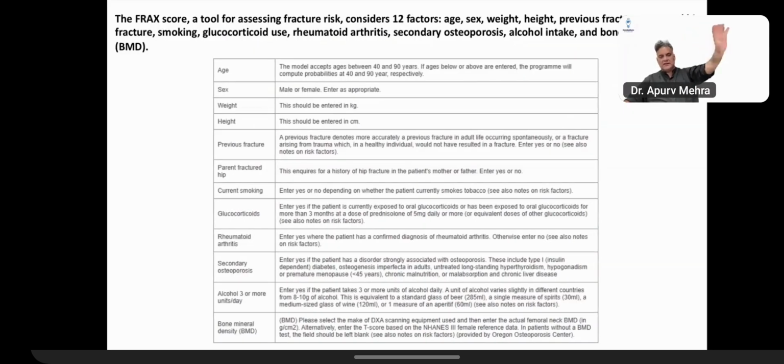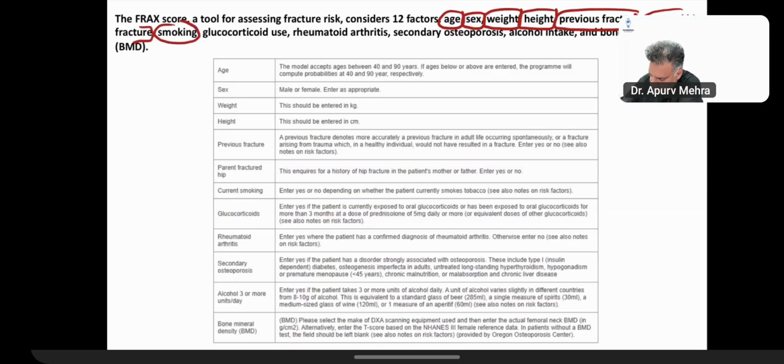Similarly, there is a FRAX or fragility score in osteoporosis which has 12 factors. You must remember that it has come in exams. Age, sex, weight, height of the patient, previous fracture because of insufficiency, parental hip fracture, smoking, alcohol, bone mineral density going down, secondary osteoporosis, rheumatoid arthritis, and glucocorticoid use.